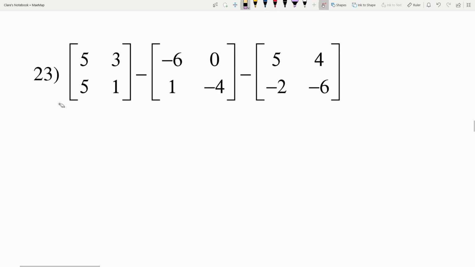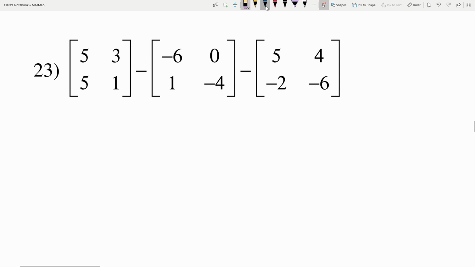Now in number 23, I'm subtracting my matrices. And again, order of operations still applies, and we're subtracting, so we're going to work left to right. So I'll start by subtracting this 2 by 2 by this other 2 by 2, and then after I subtract those, subtract the last 2 by 2 matrix. And because they're all the same size, I can do this. So I have 5 minus a -6, that'll be 5 plus a positive 6, because subtracting a negative is the same as adding a positive, which will be 11.